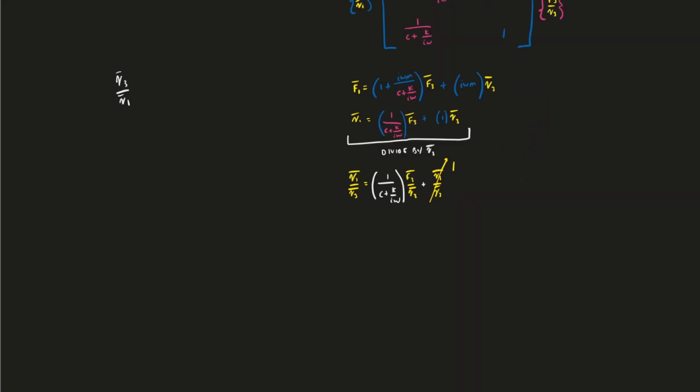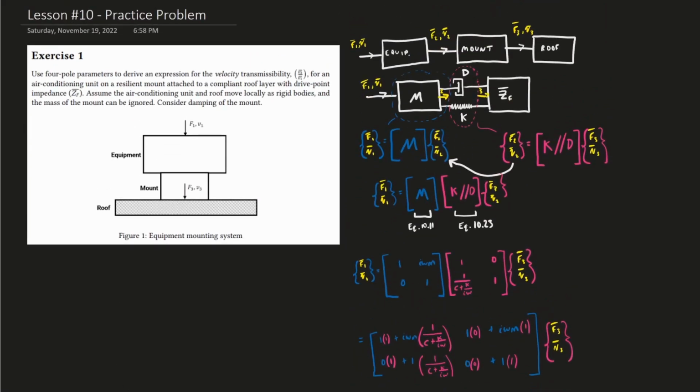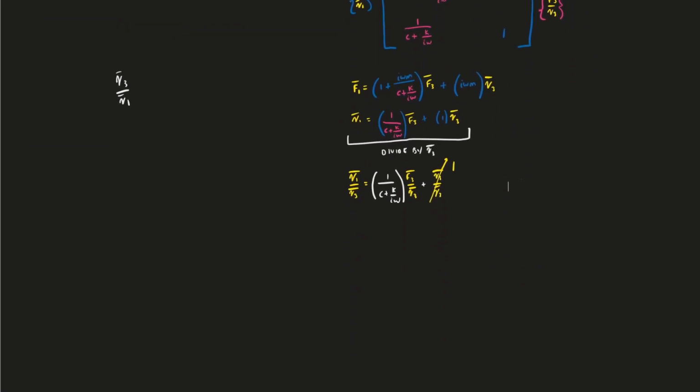Okay, let's also recall that back in the problem statement, it is stated that the drive point impedance of the foundation is known, given as ZF. So we'll write that here, ZF. And let's recall that the drive point impedance is defined as the force divided by the velocity at the location where it was measured, in this case at the foundation, so we've defined that as F3 over V3.